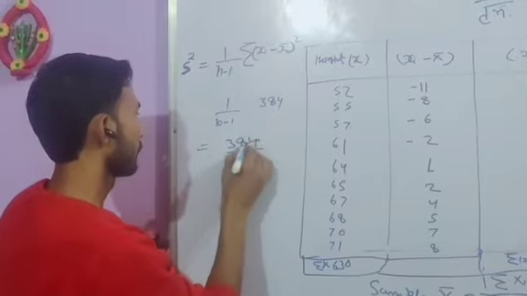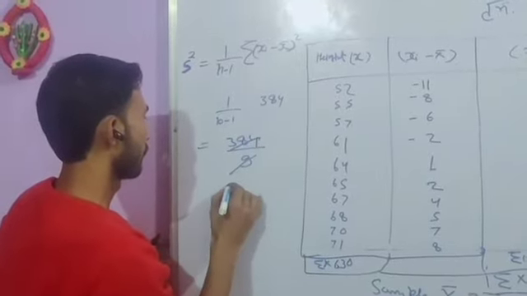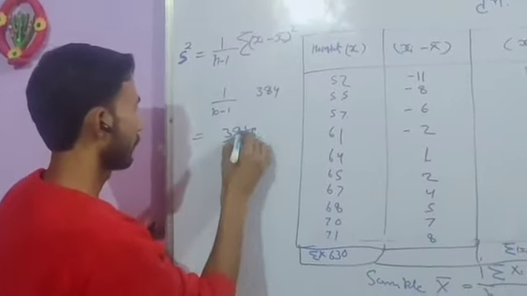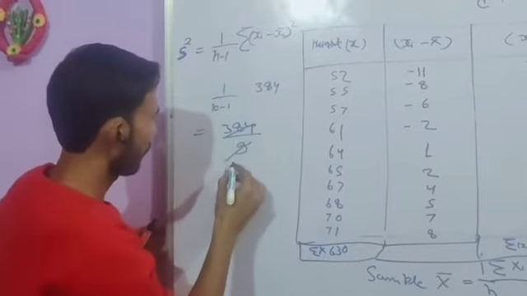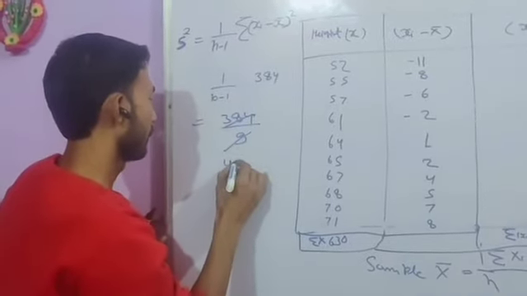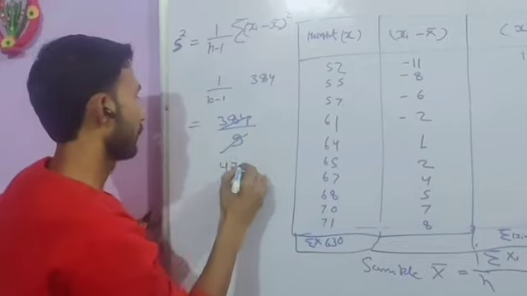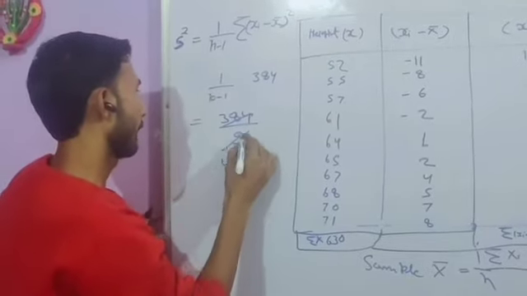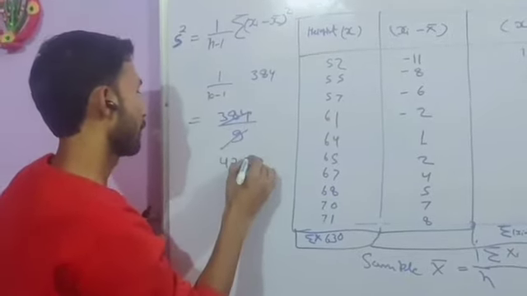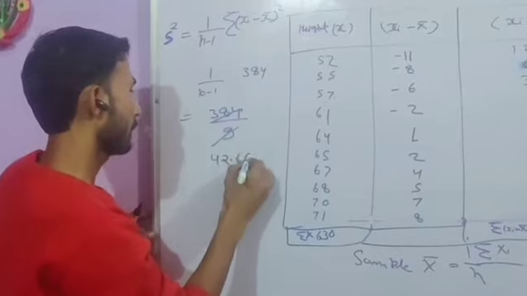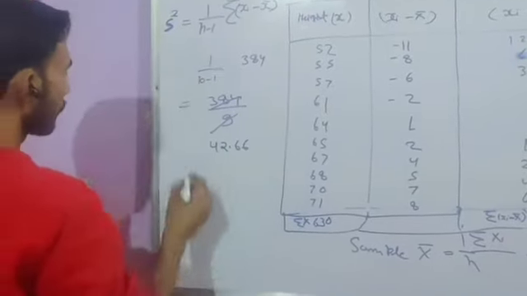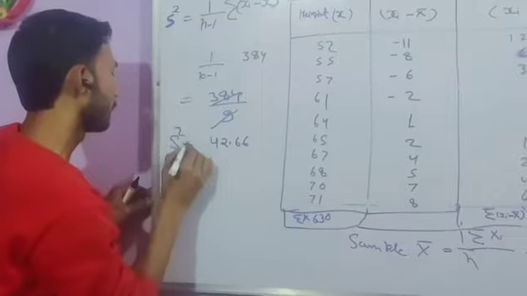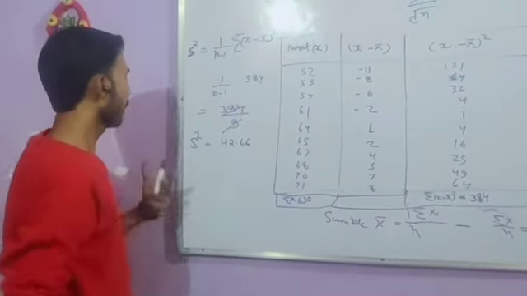Now we divide 384 by 9, and we get 42.6. Okay, so this is the s square. S square means the sample variance.